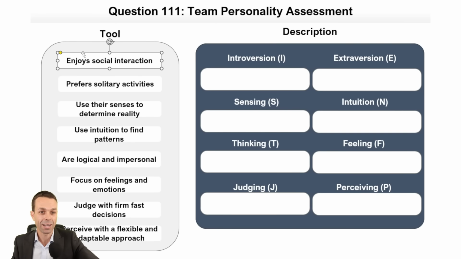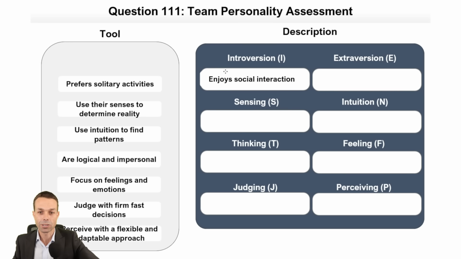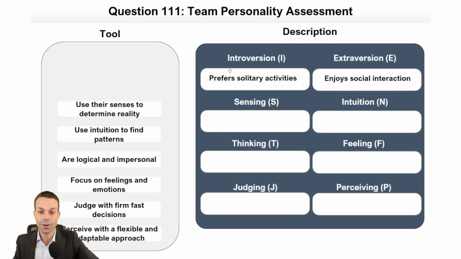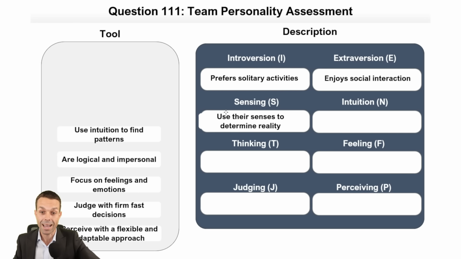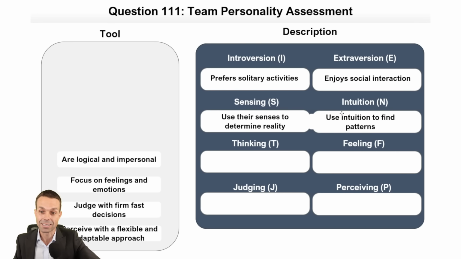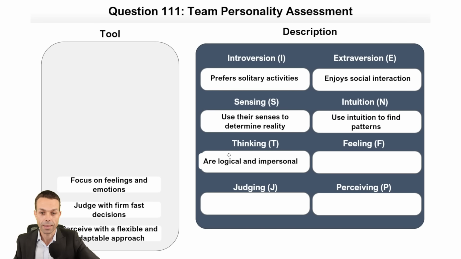It'll give us some nice tips because enjoying social interaction, that's our extrovert. If we're solitary, that's our introvert. If we're using senses to determine reality and the reality of the situation, that's sensing. If we're using our intuition to find patterns, that's intuition or N. If we're logical and impersonal, that's probably thinking.